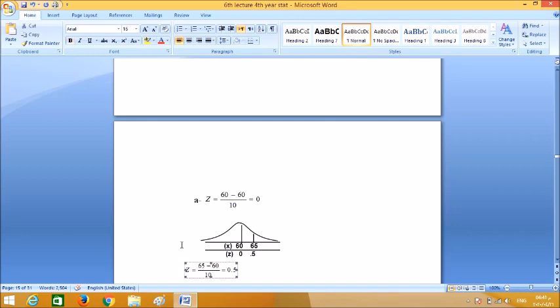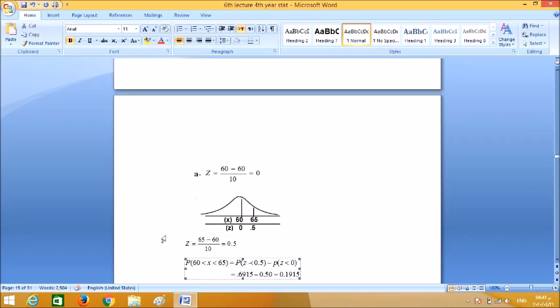So Z for 65 equals 65 minus 60 divided by 10 equals 0.5.